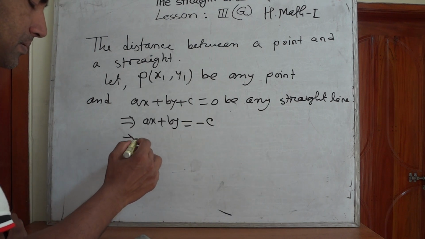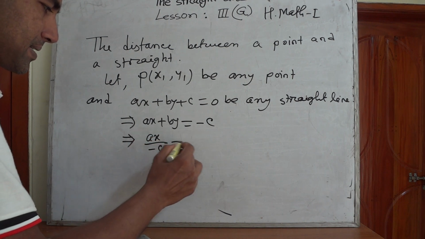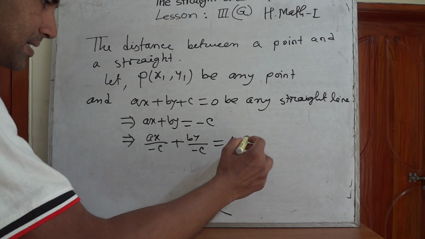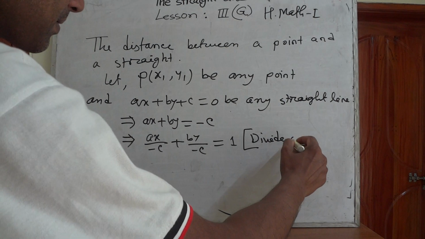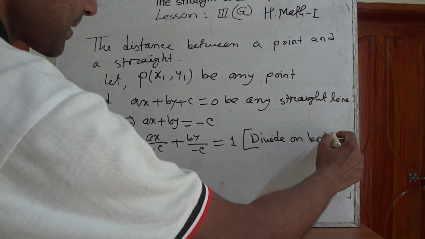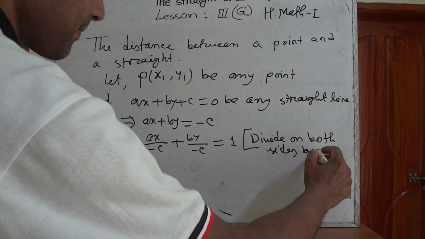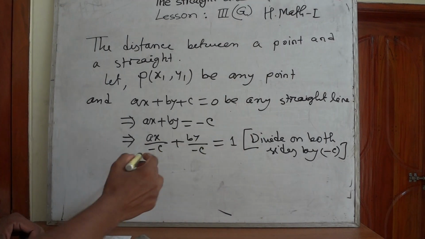This we can write as ax by minus c plus by by minus c is equal to 1. Divide on both sides by minus c.